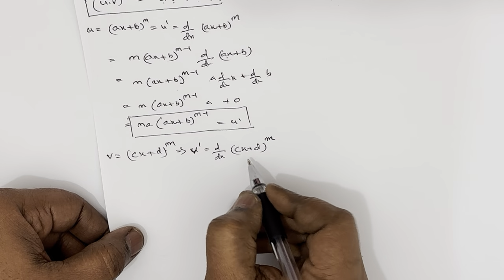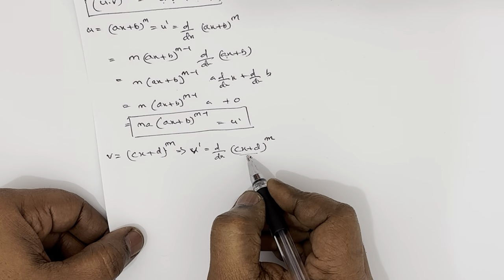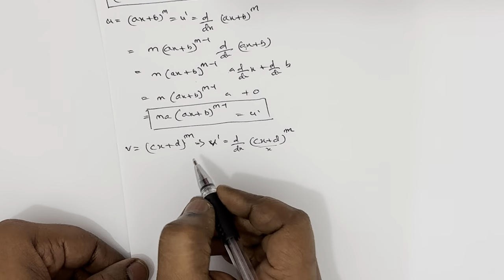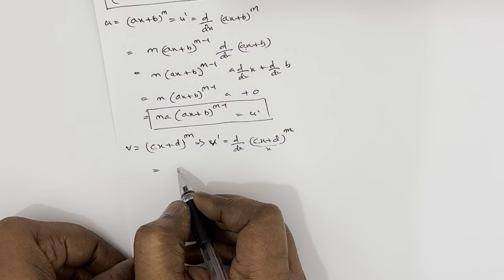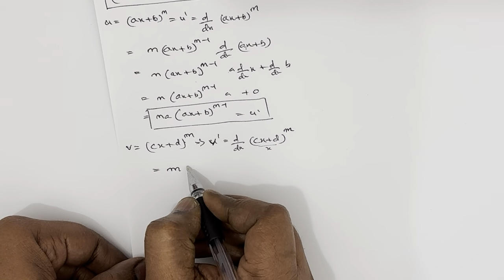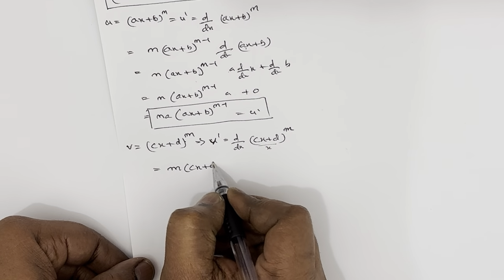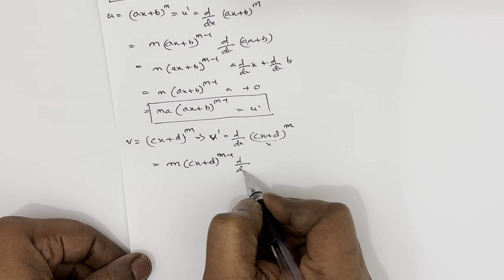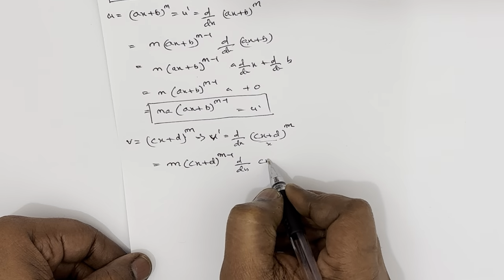Since we are assuming this to be x, we'll use the chain rule, that is multiply by the derivative of this function. So we can write this as m into (cx plus d) whole raised to m minus 1, times the derivative of cx plus d.